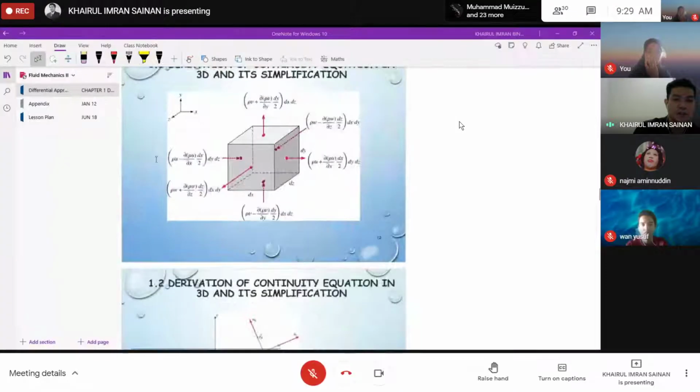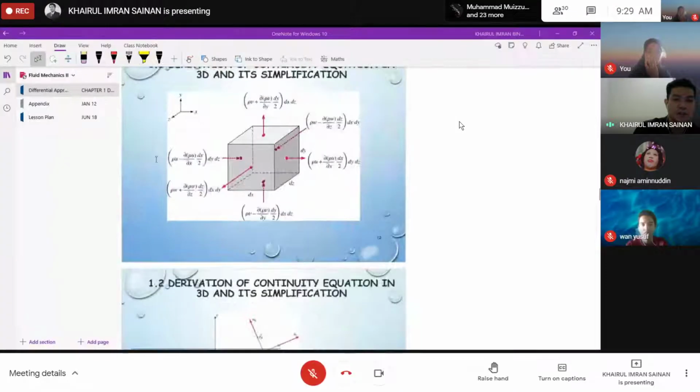Impossible, right? Because if possible, this term must also equal 0. So since this one is not equal to 0, the flow is impossible. It does not follow the rules of the continuity equation.